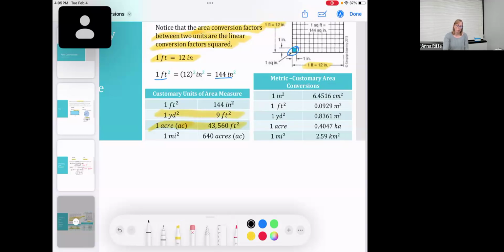So I could go, let's see, what are we starting with? Yards. I could go from square yards to square feet as my intermediate unit, and then go from square feet to acres. I think that's a pretty good path. So I think that's what we'll use.